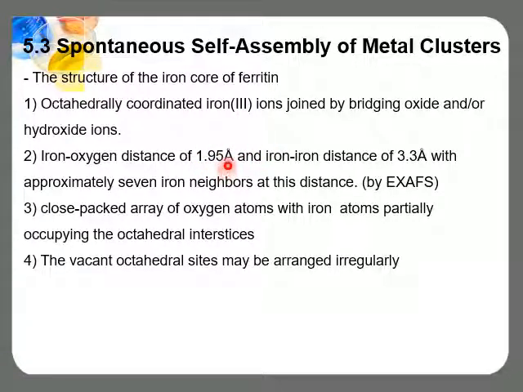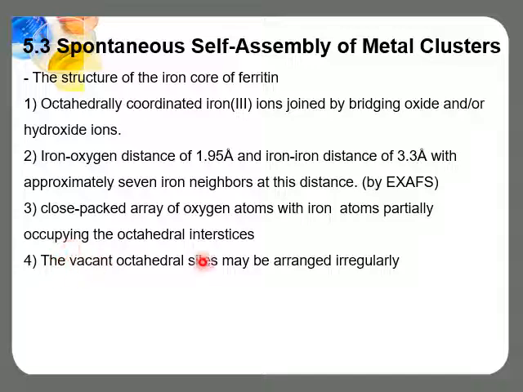Some oxygens are bridging oxygens, hydroxyls, or water is possible. And the second shell, which has a radius of 3.3 angstrom, is composed of irons, and it's a close-packed array of oxygen atoms with iron atoms partially occupying the octahedral interstices.